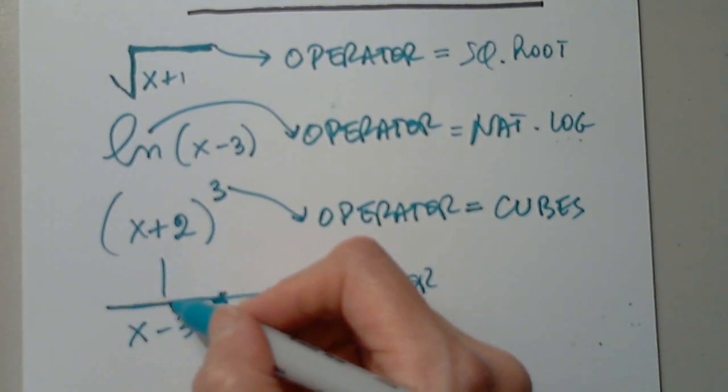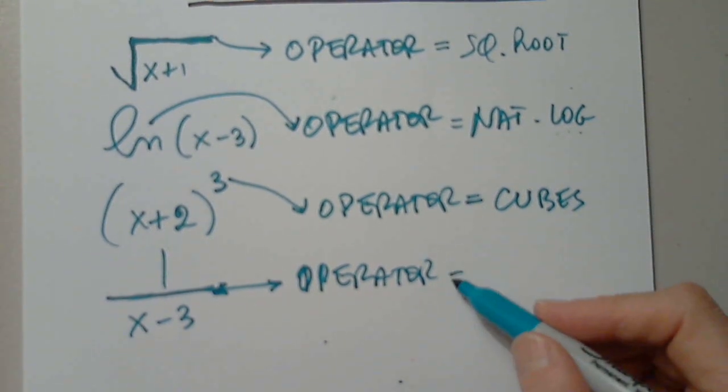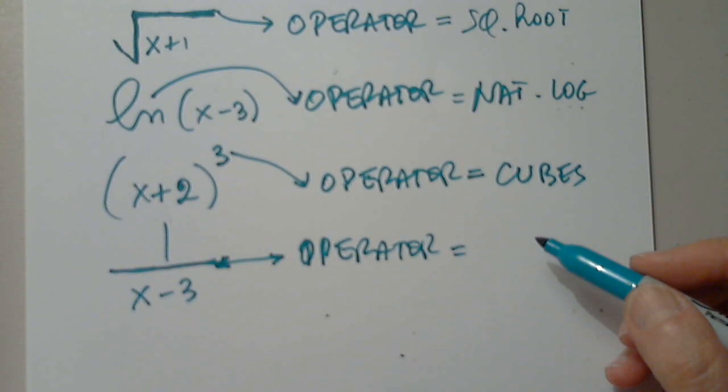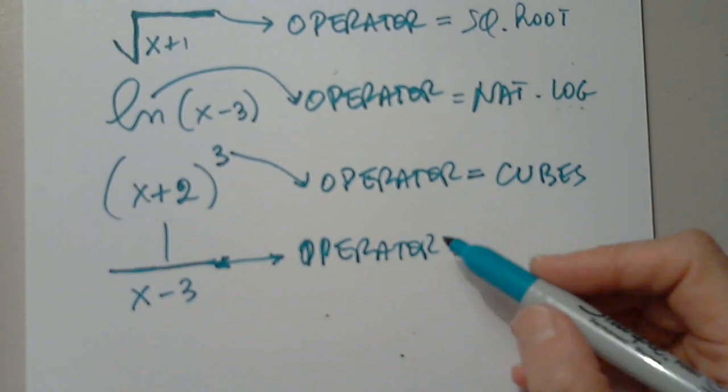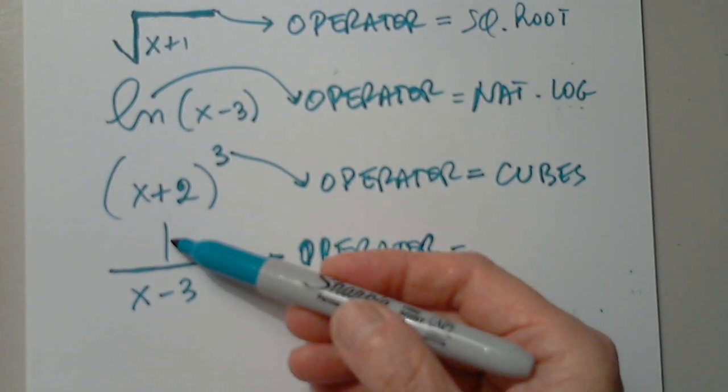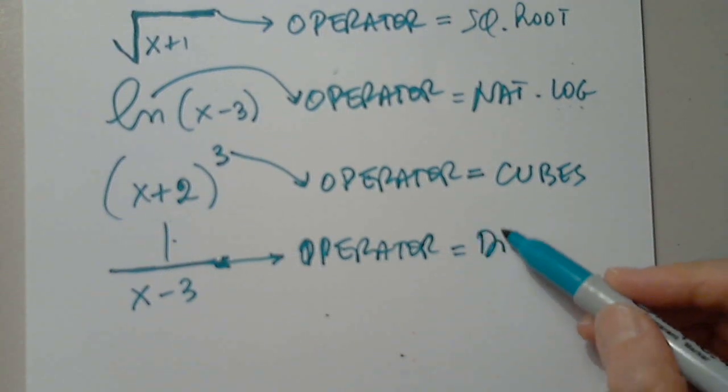What does this operator do to x minus 3? It divides 1 by that. Yes, division.